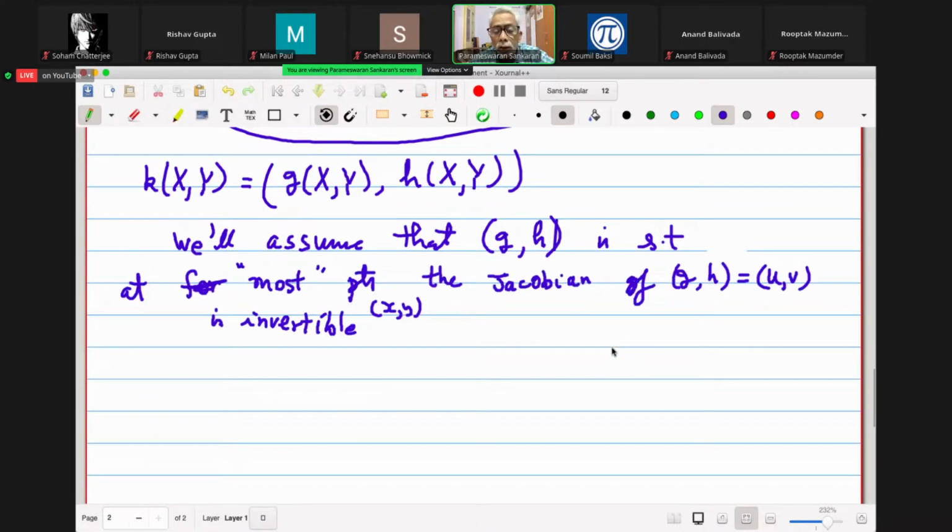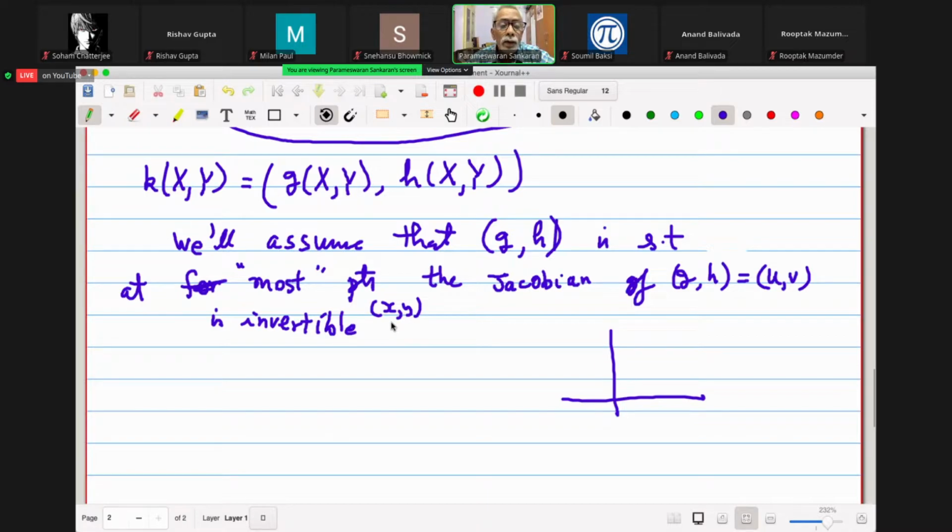So basically what that means is, first of all, by saying this I'm already implying that g and h are differentiable. Let us assume that they have continuous derivatives, at least for most points.